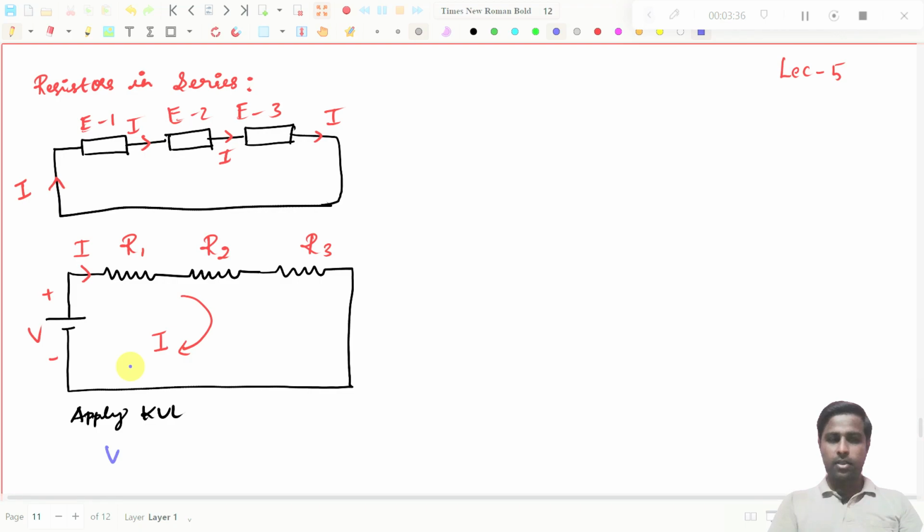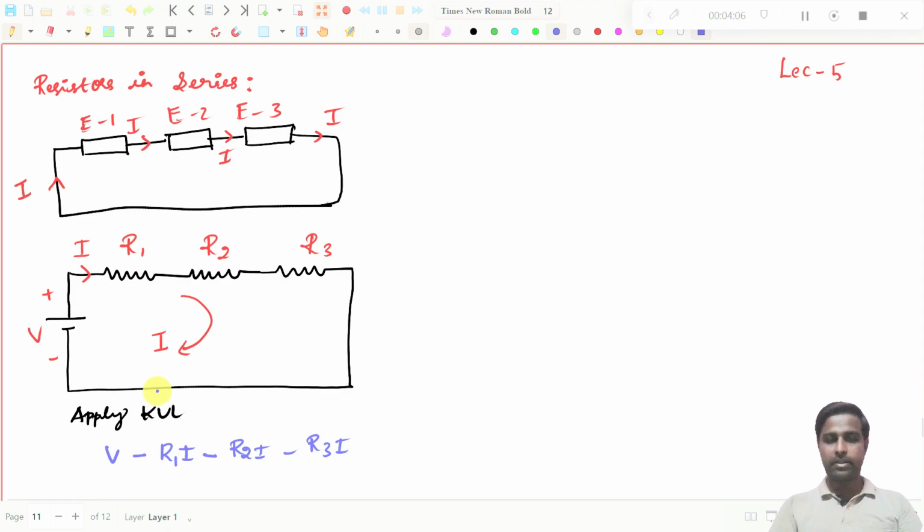So this will be V minus R1 I, and all the resistors get the same current, as we saw, minus R2 I minus R3 I. No other elements are present here, so this is equal to 0.